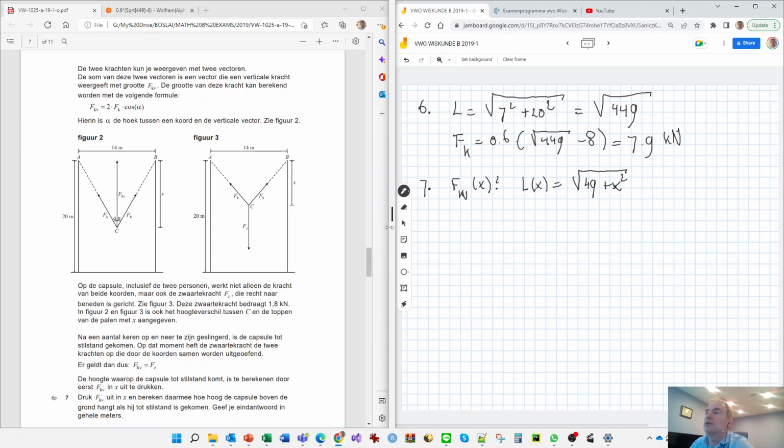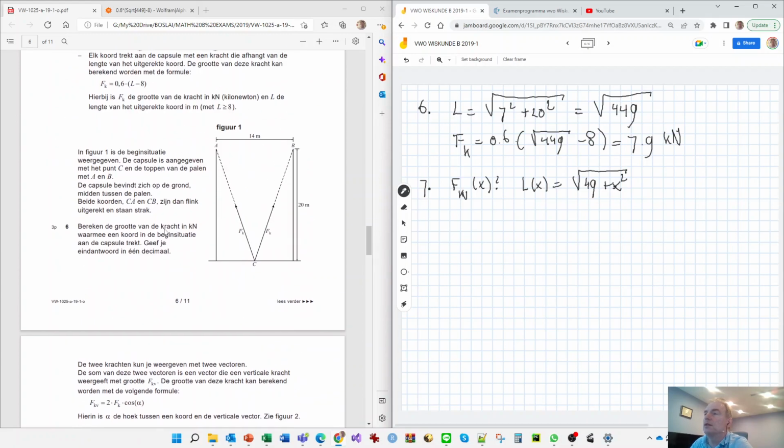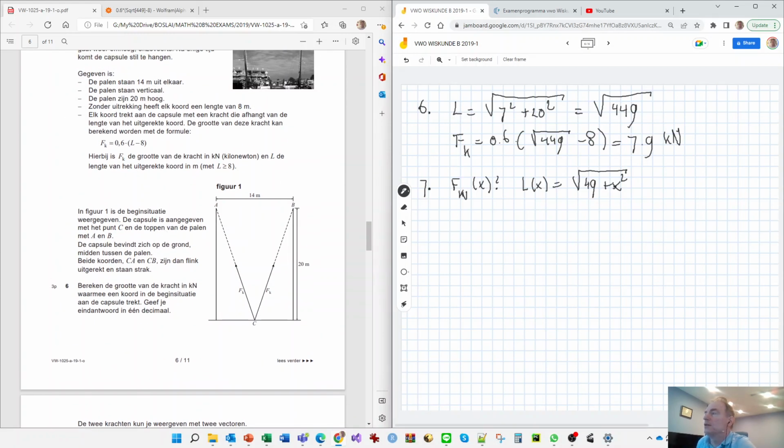And the force Fk, so Fk of x is 0.6 times that square root minus 8.